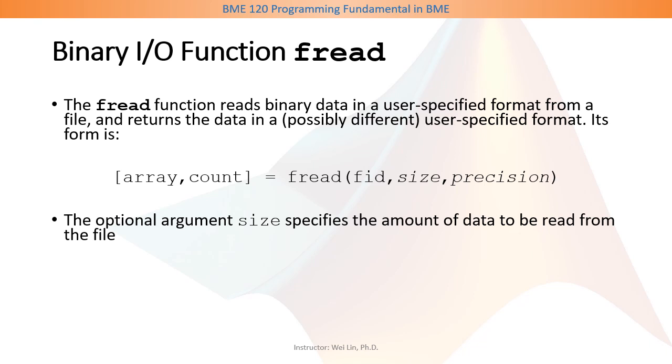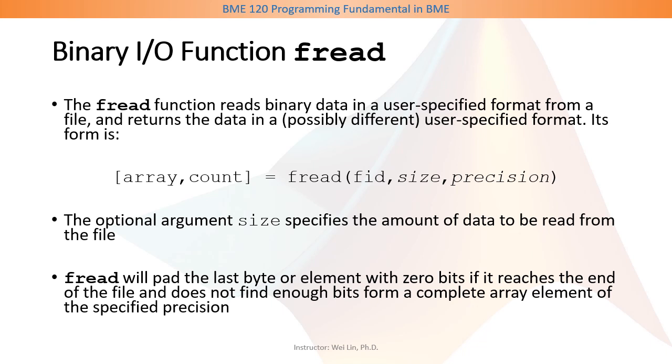This is related to how the data was written to the file previously. So what you get from this function are 2 outputs. One is the array that holds the data, and the other is called count that returns the number of data read from the fread operation.